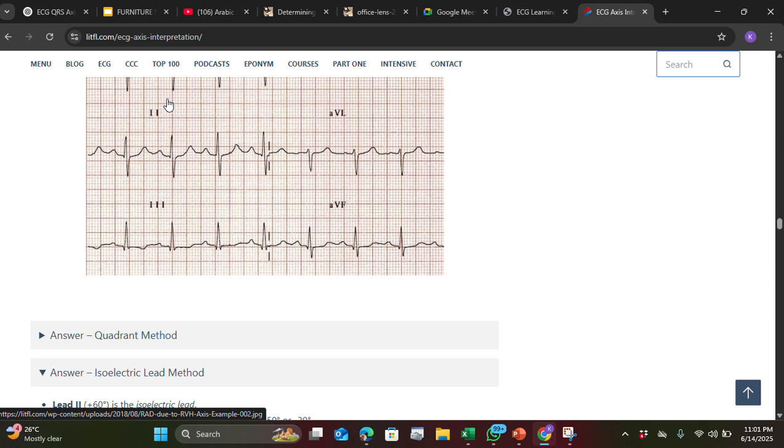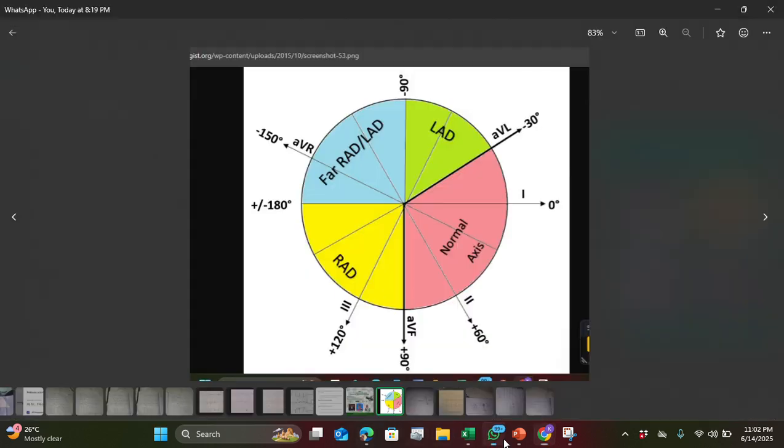If lead 2 is your isoelectric lead, plus or minus 90 is what? Plus 90 and minus 90 from plus 60: this is plus 150 degrees and this is minus 30 degrees. Now we have plus 150 degrees and minus 30 degrees. Check on the graph: is there plus 150 degrees? There is none, so leave it.